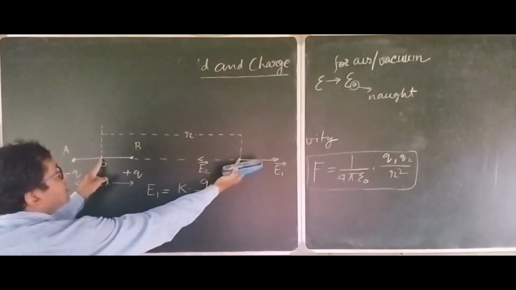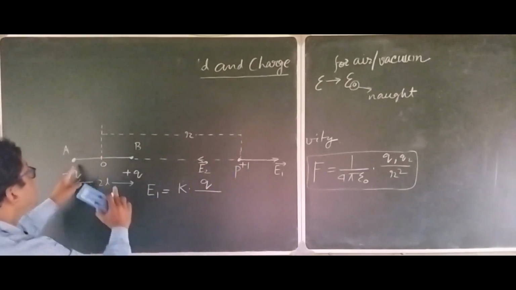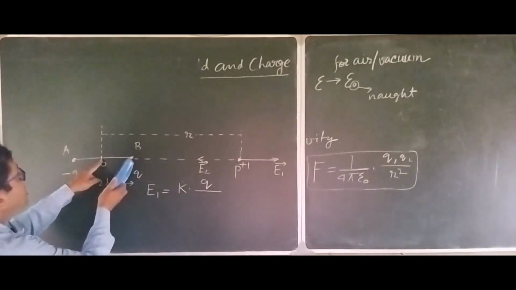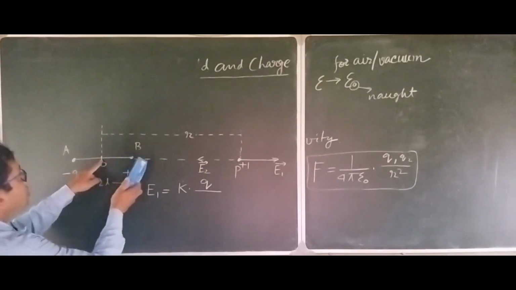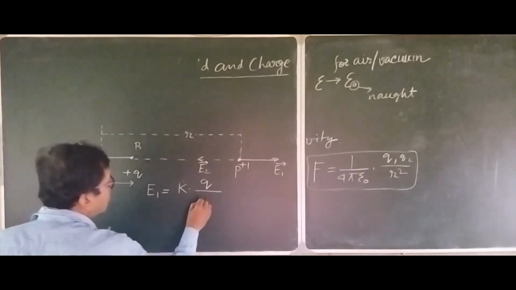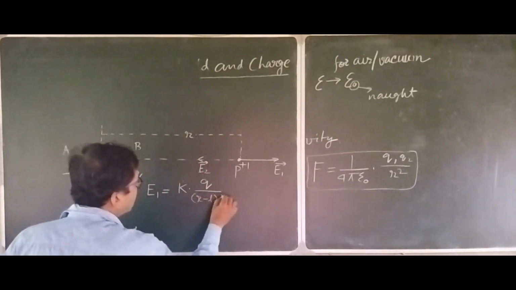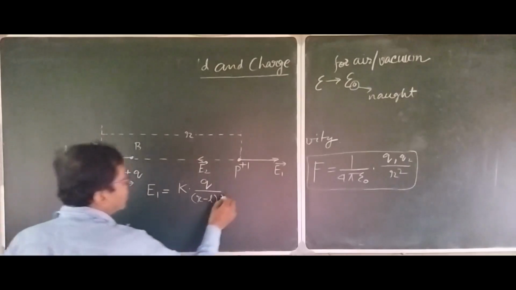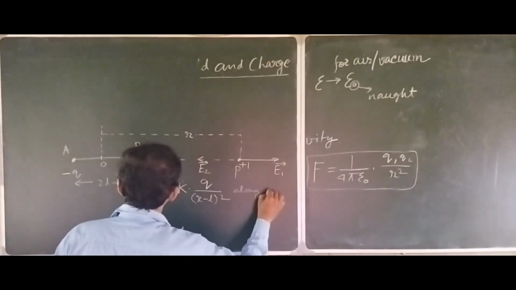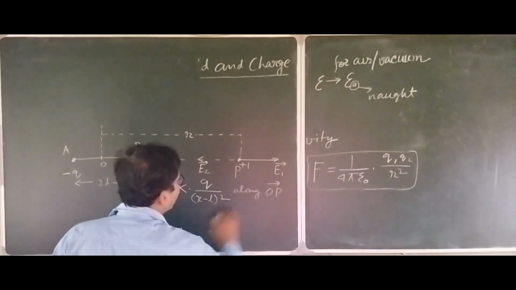This whole distance is R, this is 2L, this is the midpoint, so this distance is L. So this distance is R minus L. And this force is along OP.